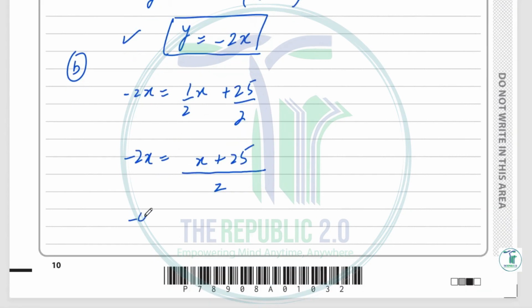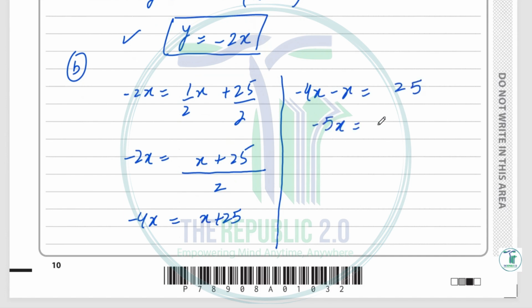So I must have negative 4x equals x plus 25. And then negative 4x minus x equals 25. And from here onwards, negative 5x should be equal to 25. And x would be equal to 25 divided by negative 5, which comes out to be negative 5.